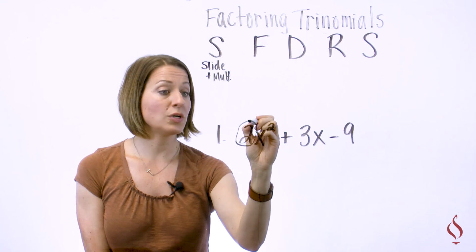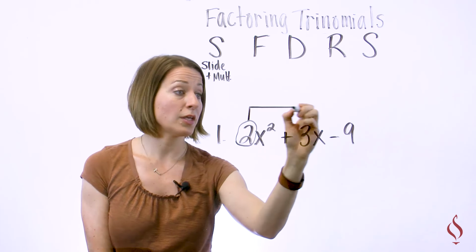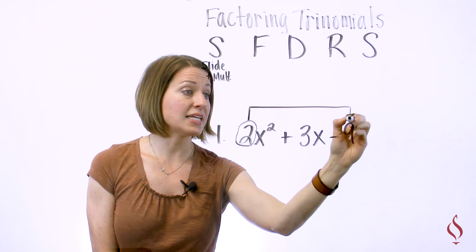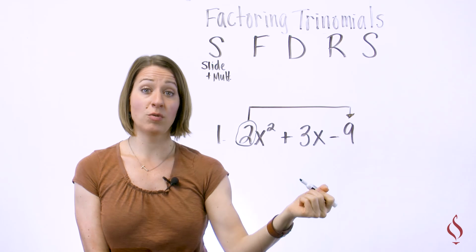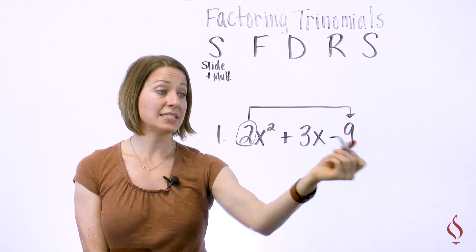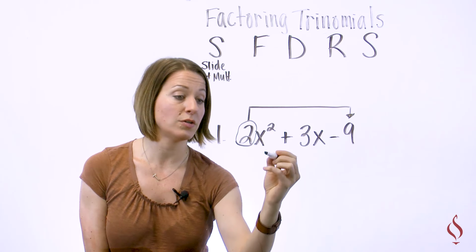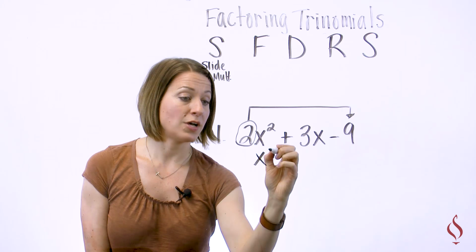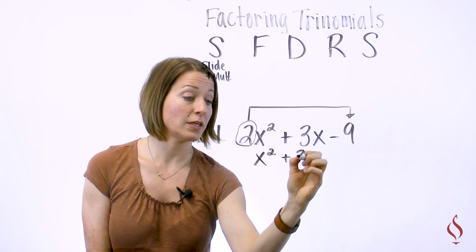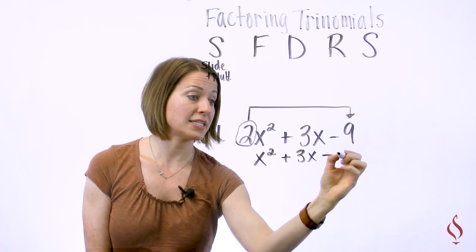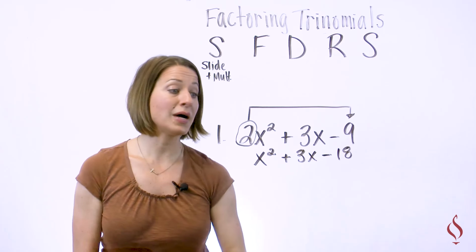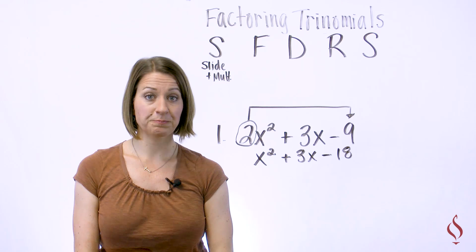I want you to literally pick it up and slide it to the very end of the trinomial and multiply it times that number. And then I want you to rewrite the trinomial. So we'll have x squared plus 3x, and now it's minus 18.